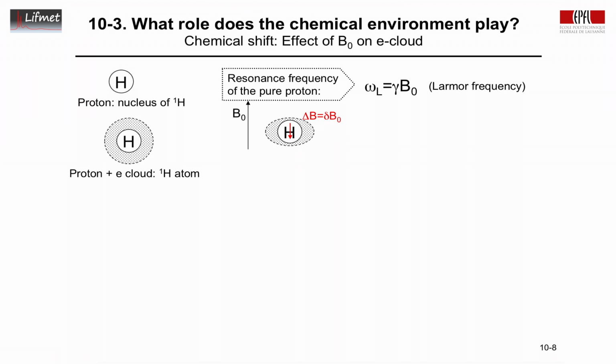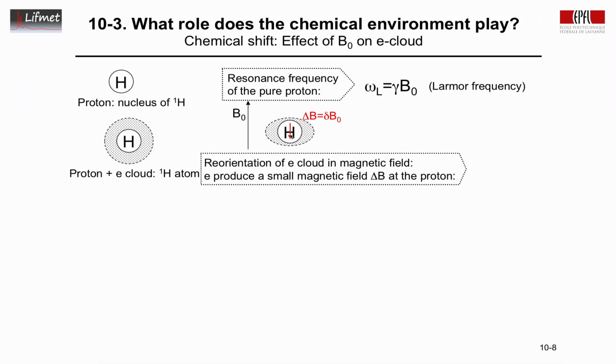So the presence of the electron around the nucleus in the magnetic field leads to an alteration of the magnetic field at the site of the nucleus. So this small change in the magnetic field B0 at the position of the proton leads to a modified expression for the precession. Here's the Larmor equation, and now we don't have gamma B0, but we have gamma times 1 plus delta.